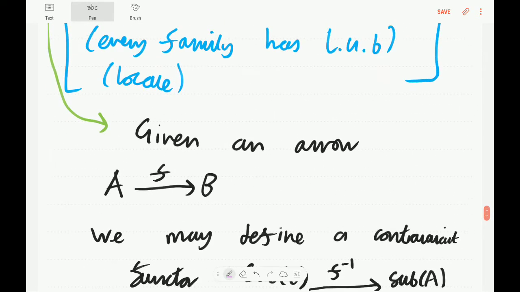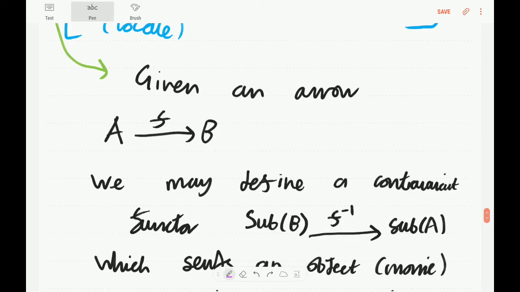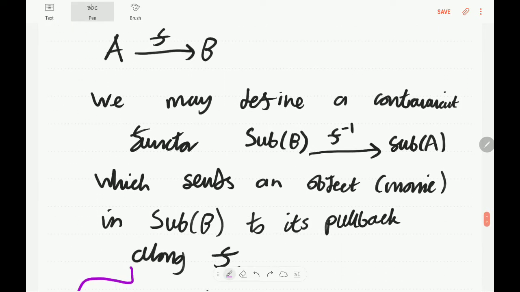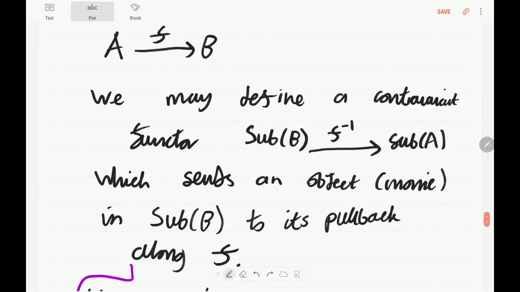If we have an arrow F from A to B in our original category, let's say our topos E, then we can form this functor f to the minus 1.